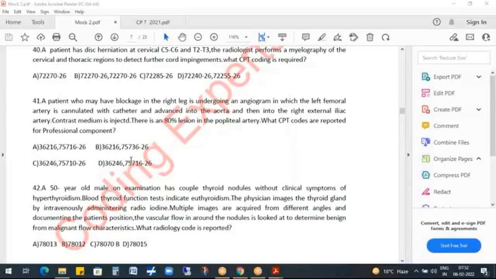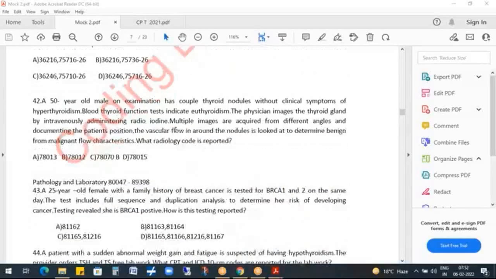A patient who may have blockage in the right leg is undergoing an angiogram in which the left femoral artery is cannulated and advanced into the aorta and then into the right external iliac artery. Contrast is injected. Both sides are being examined, right and left? Yes, sir. Then bilateral only? Yes.